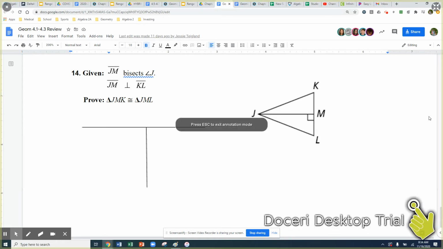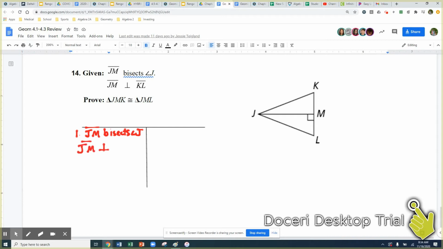Number 1, we're going to put our given. So number 1, we're going to have JM bisects angle J. And number 1 also, we're going to have JM is perpendicular to KL.